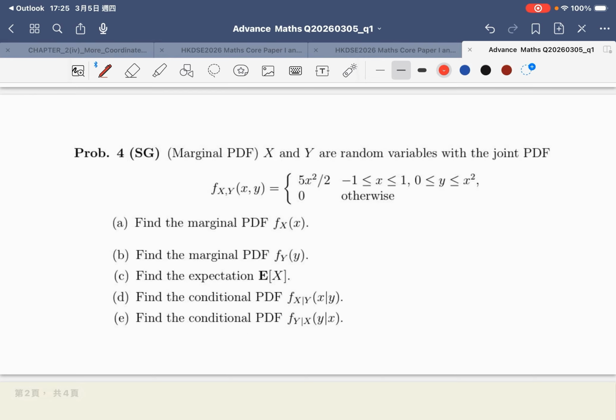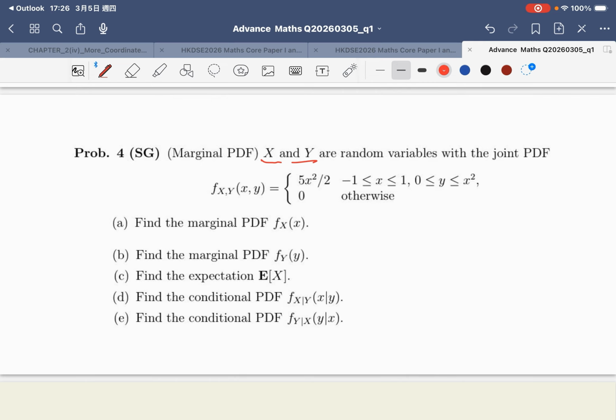This question is from a year 2 student who asked me how to do this probability distribution question. It belongs to bivariate random variables, because there are two random variables, x and y.